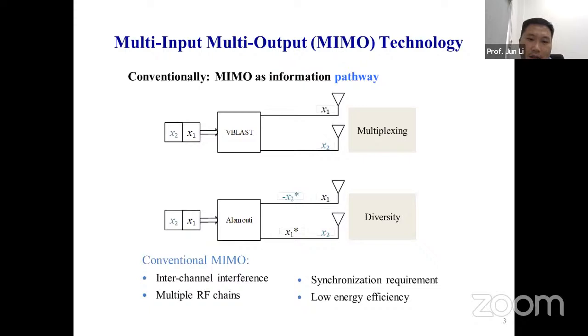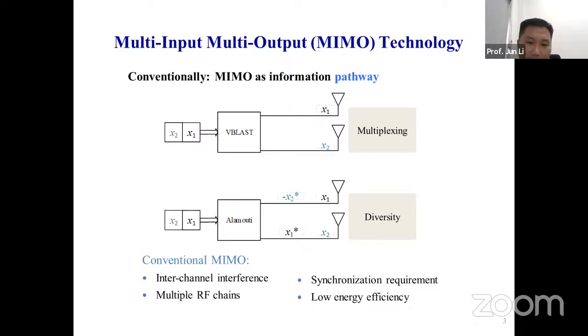The advantage of the MIMO technology is the spectral efficiency, or transmission rate. If we increase the number of transmit antennas, the transmission rate will be very high.